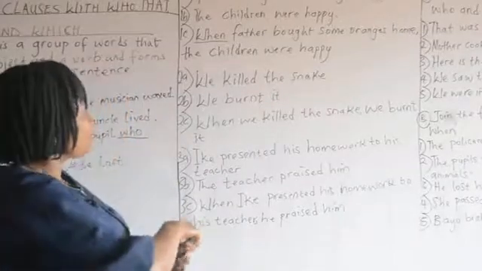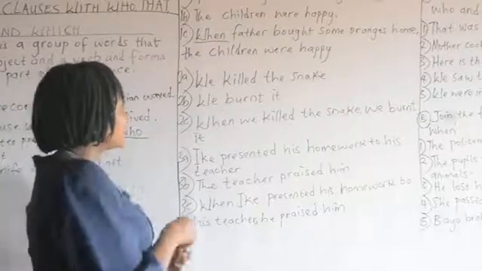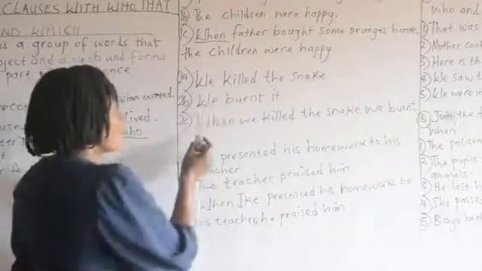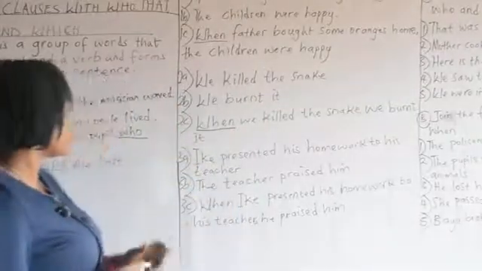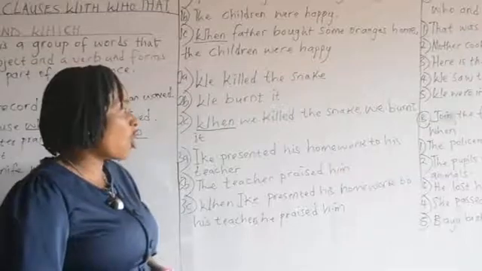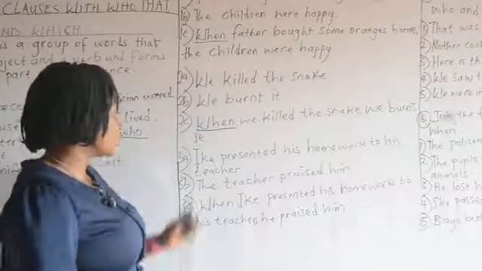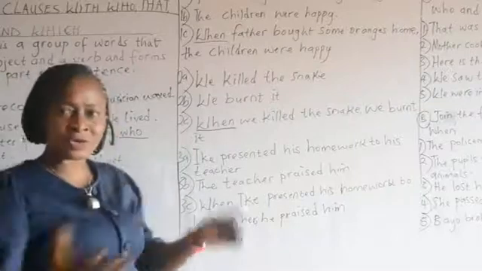So the connector we are going to use to connect the two sentences is the word "when". It's in the initial position. 3A. Ike presented his own work to his teacher. The teacher praised him. There is no connection.